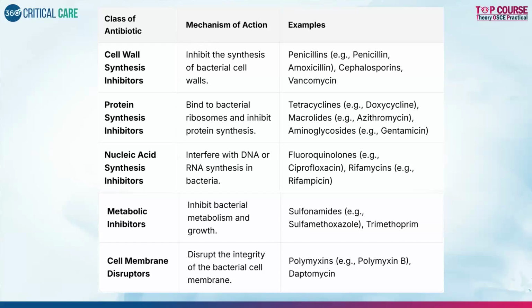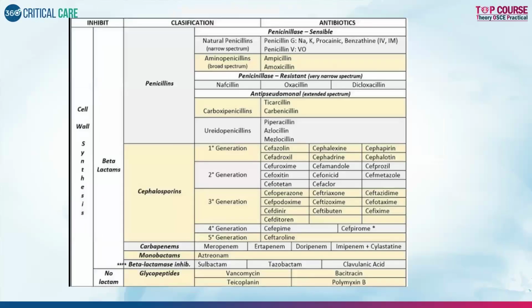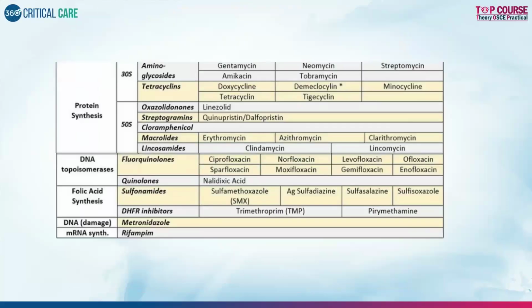Very good. Now, tetracyclines are what kind of antibiotics? They act as protein synthesis inhibitors. They act on the 30S ribosomes. So they are going to prevent protein synthesis.